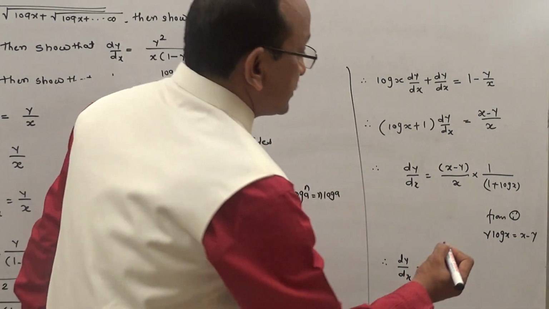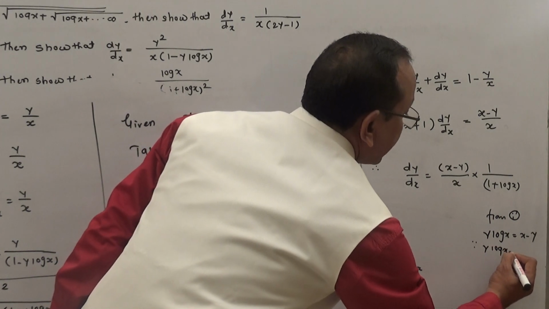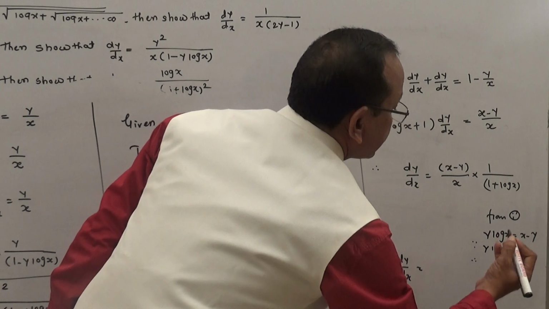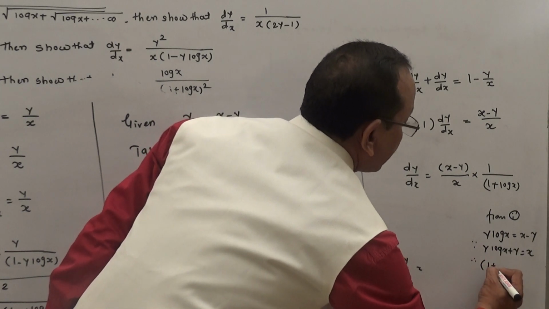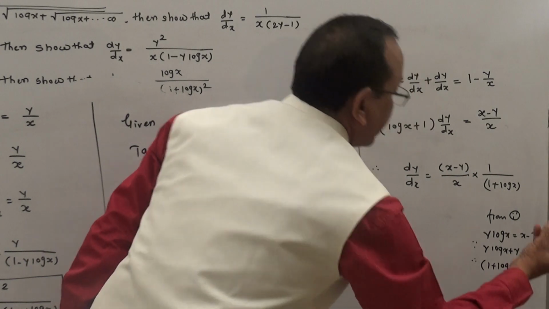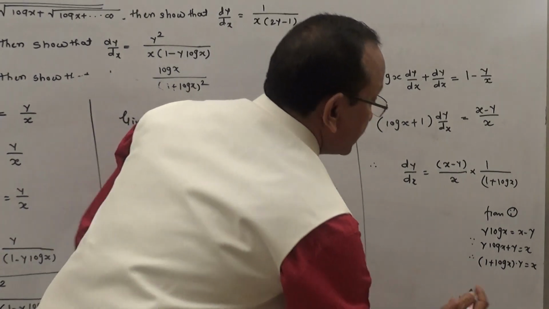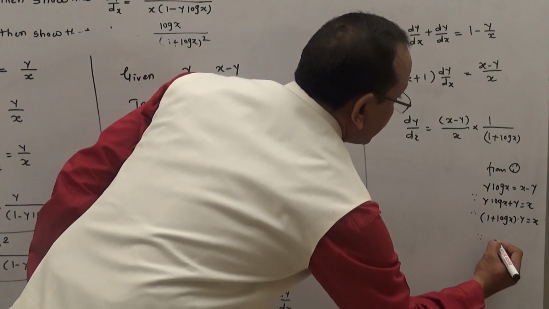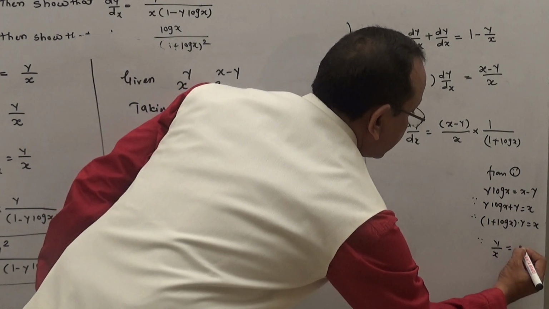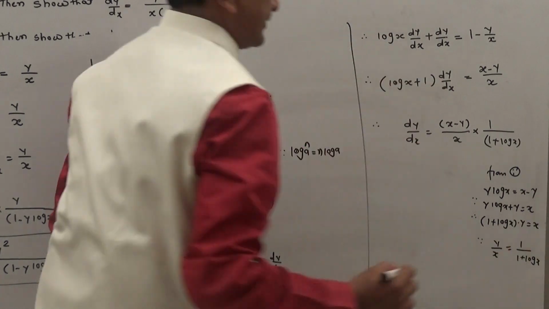So from this we can write y times log x plus y is equal to x, then it is 1 plus log x into y is equal to x. This can be written in this form. So y upon x is equal to 1 upon 1 plus log of x.